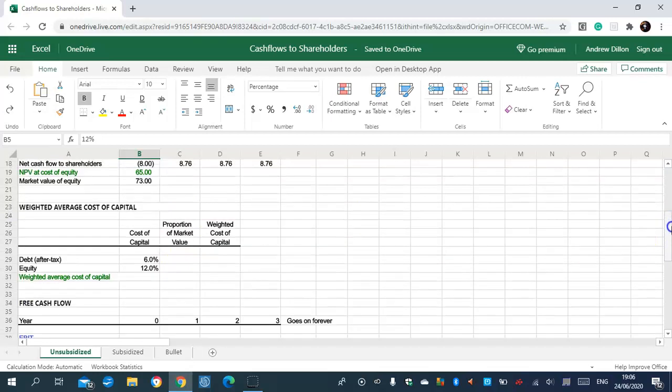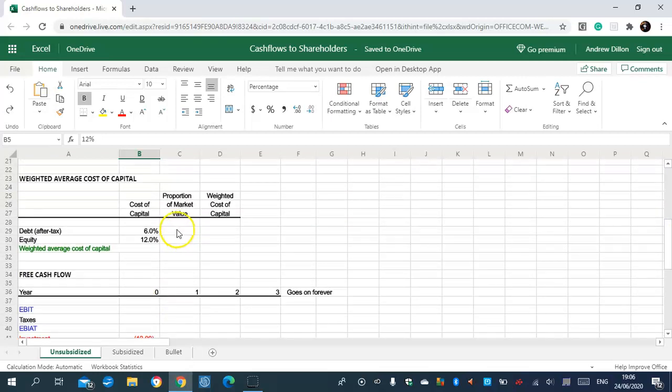Okay, now it's going to the next step, and it's going to be the weighted average cost of capital.